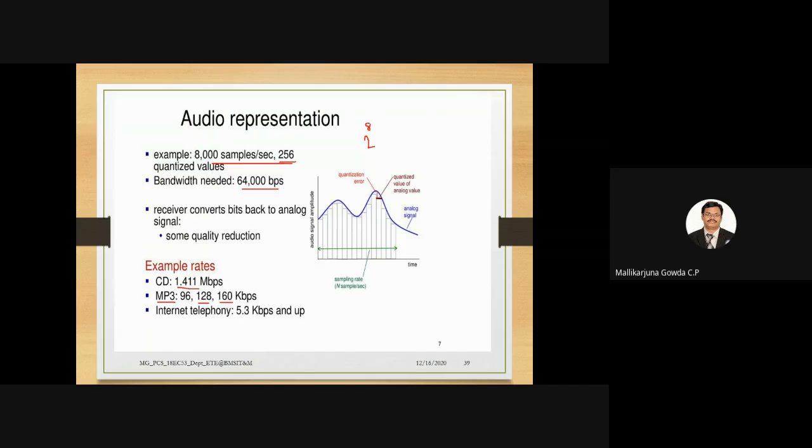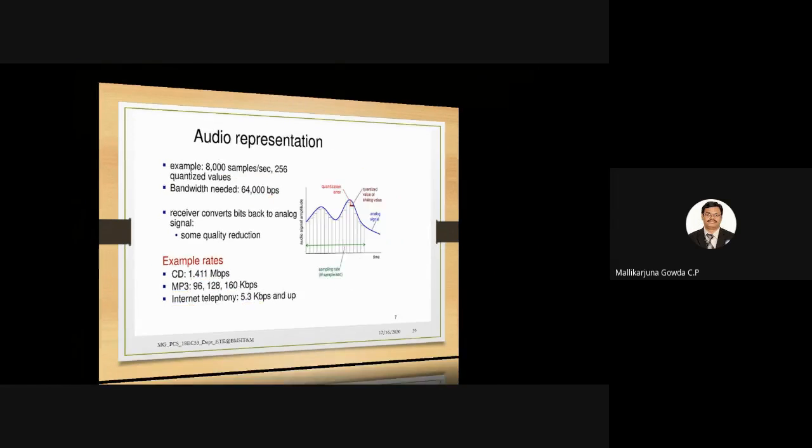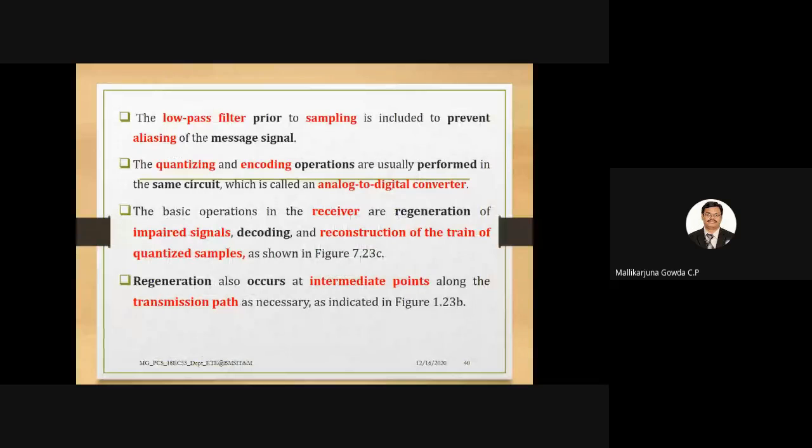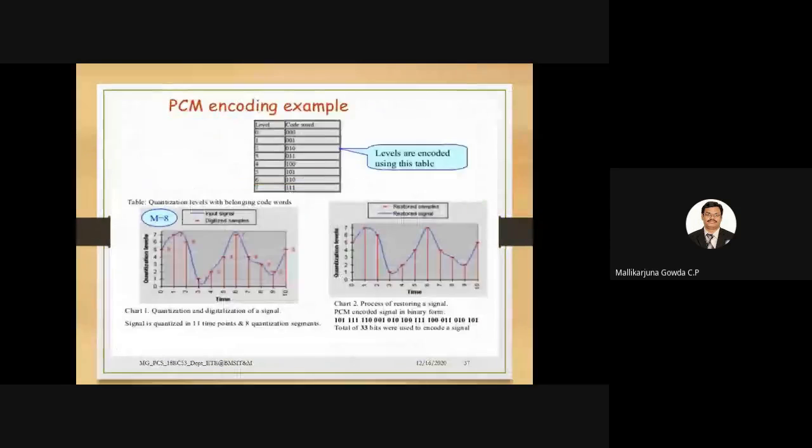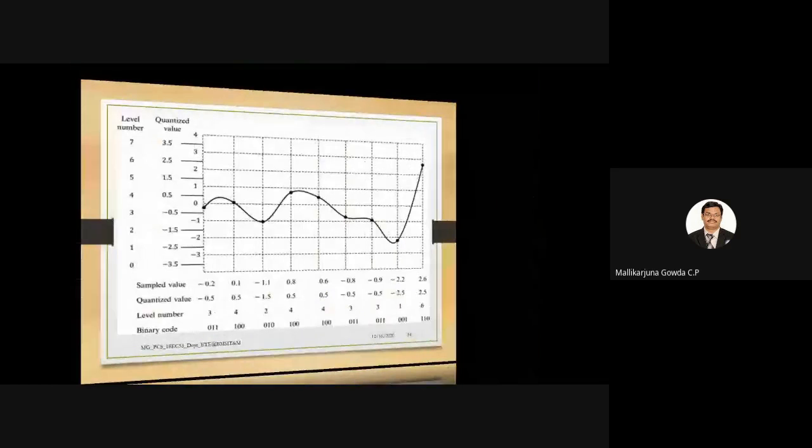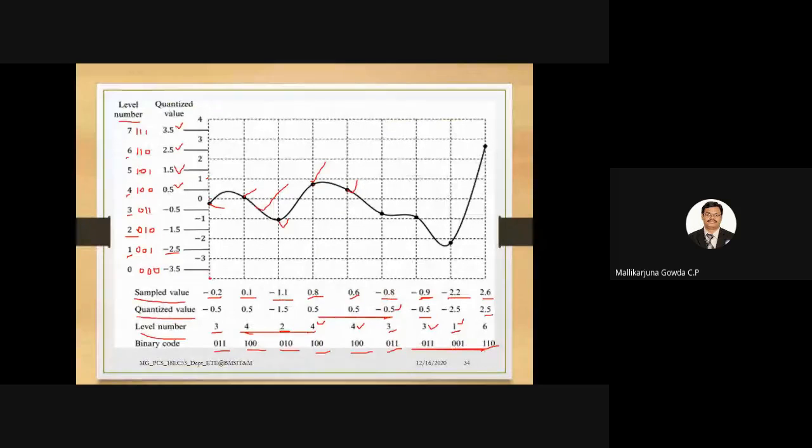And for internet telephony, the rate achieved is 4.3 kbps and up. I think these examples will be more than sufficient to understand PCM.